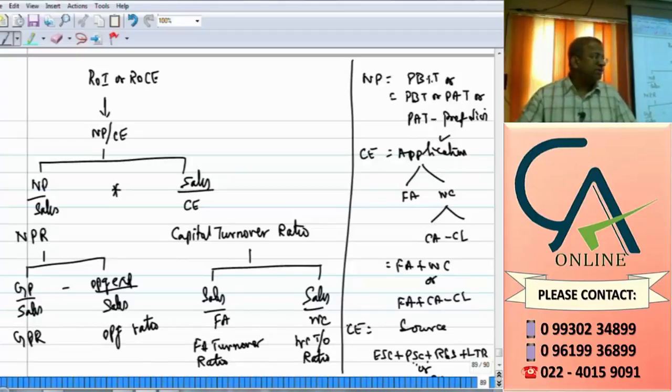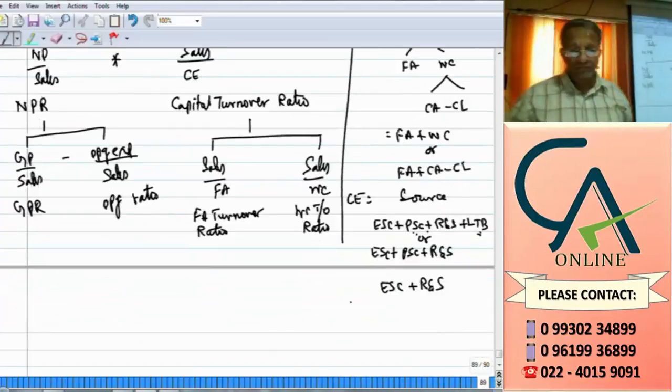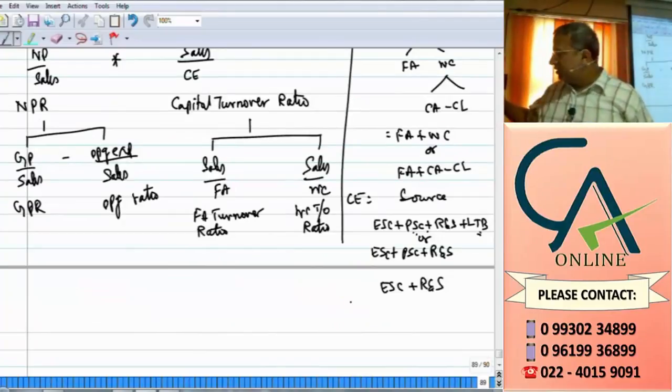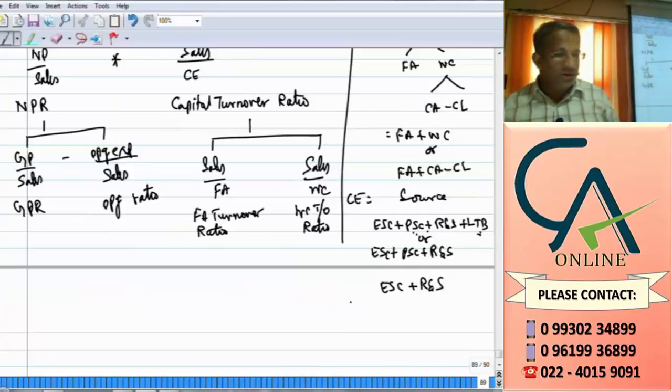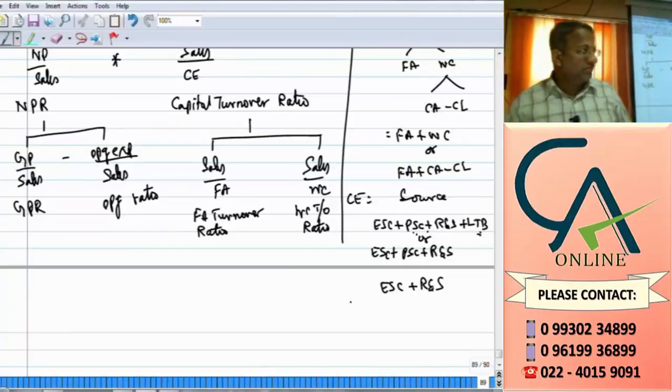Come on, kindly make note to this extent. These are all turnover ratios. This is what we call turnover ratios: net profit turnover ratio, gross profit turnover ratio, operating turnover ratio, fixed assets turnover ratio, working capital turnover ratio.